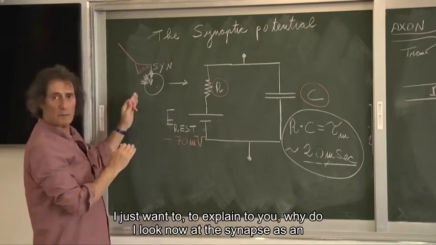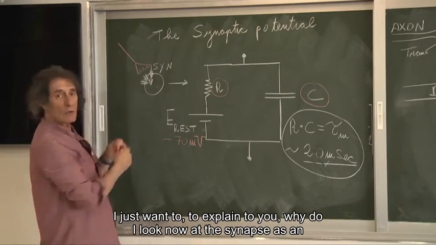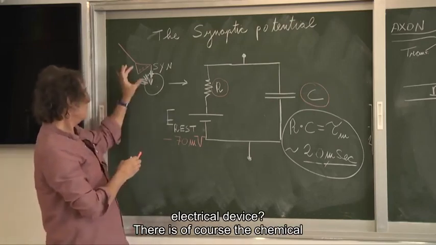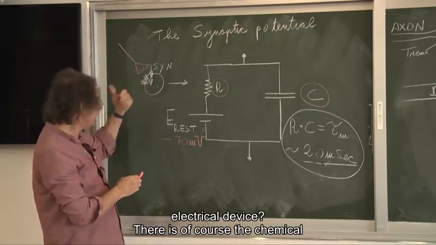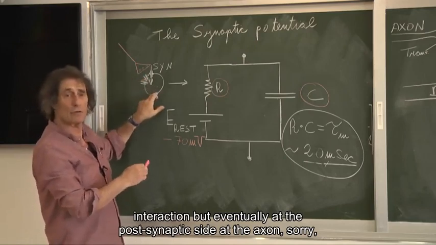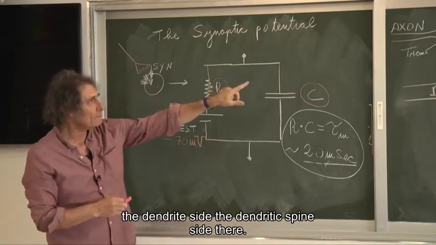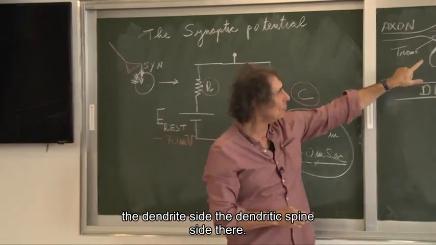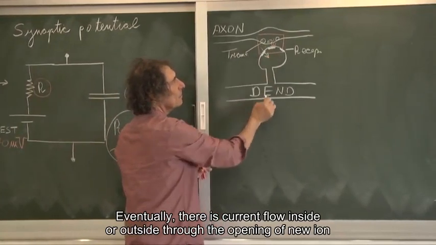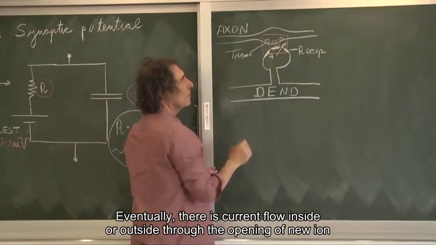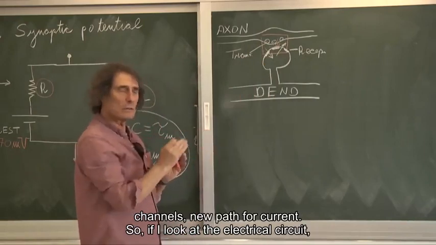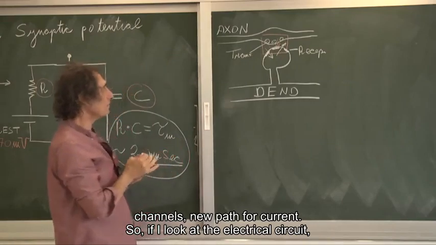I just want to explain to you why I now look at a synapse as an electrical device. There is, of course, the chemical interaction, but eventually, at the postsynaptic side, at the dendritic spine side, there is current flow inside or outside through the opening of new ion channels, a new path for current.